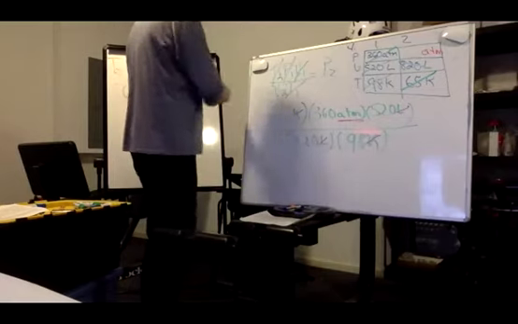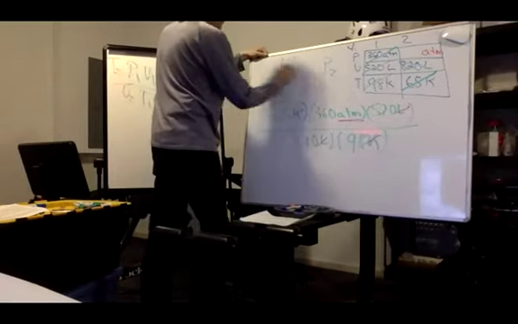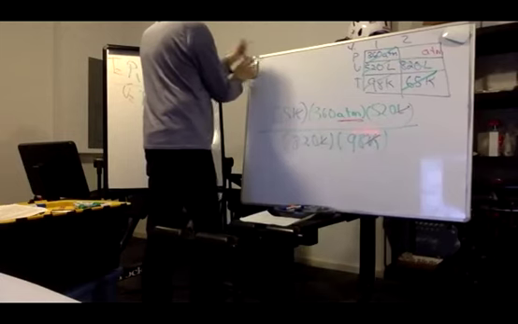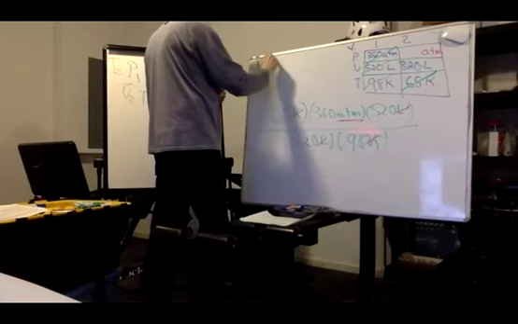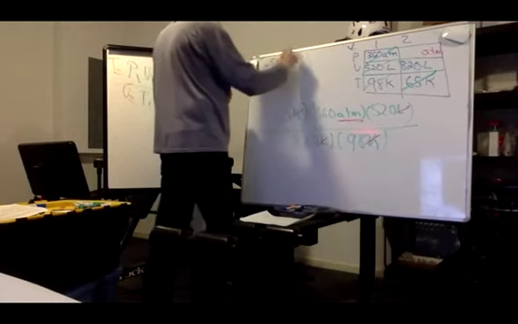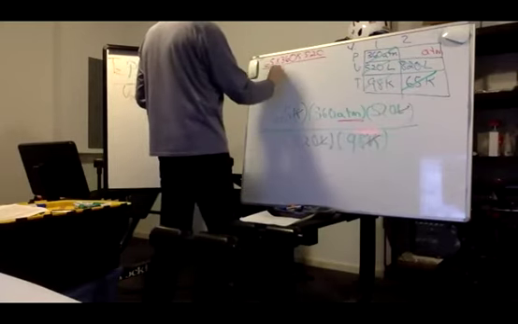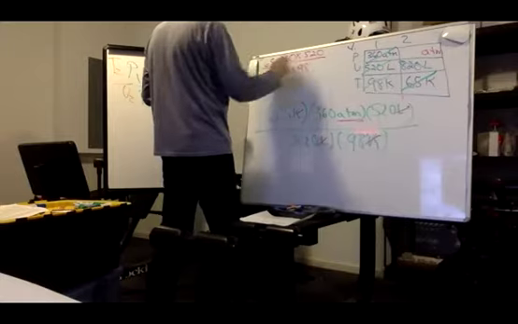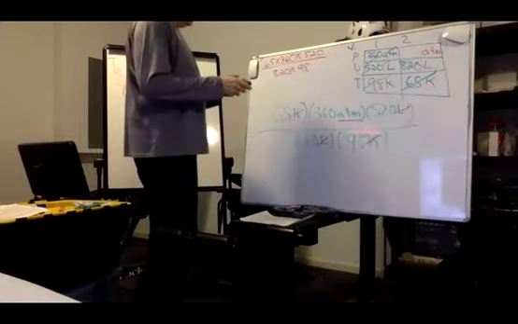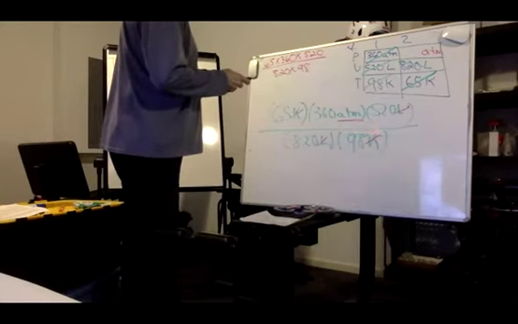So the knockout for this one, 65 times 360 times 520 divided by 820 times 98.